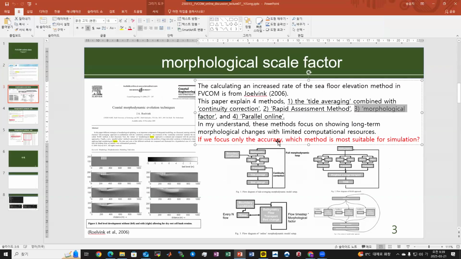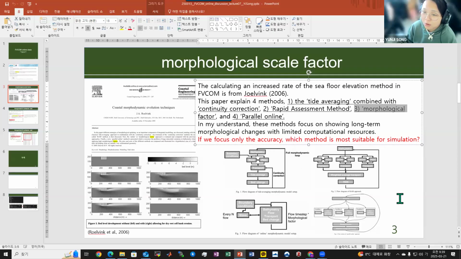And all four methods focus on showing long-term morphological change with limited computational resources. So if there is no limitation on computational resources, which method is best for calculating bathymetry change?